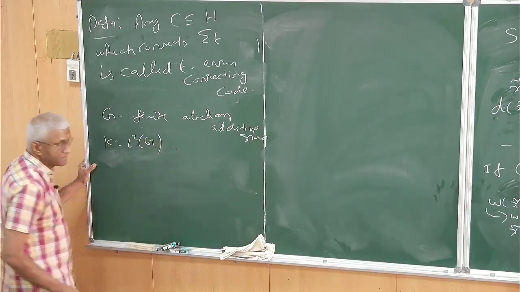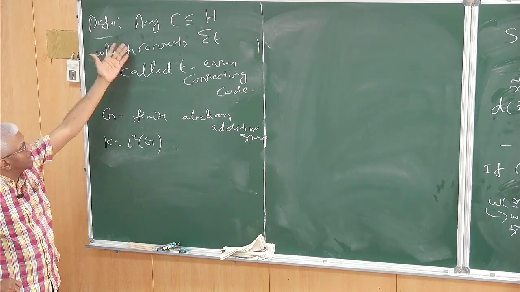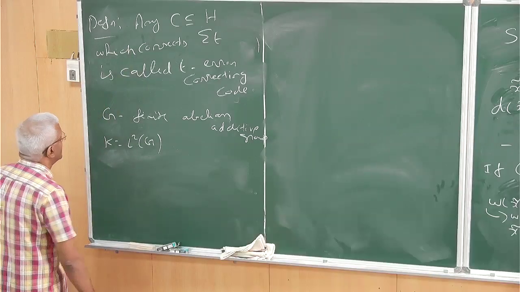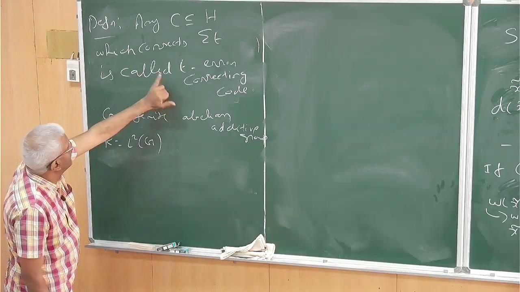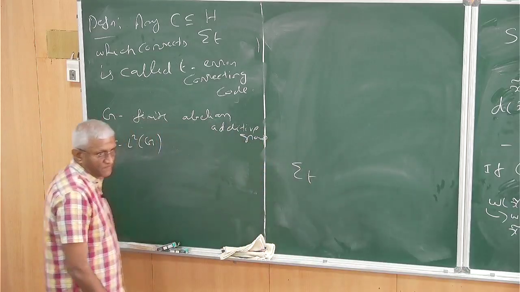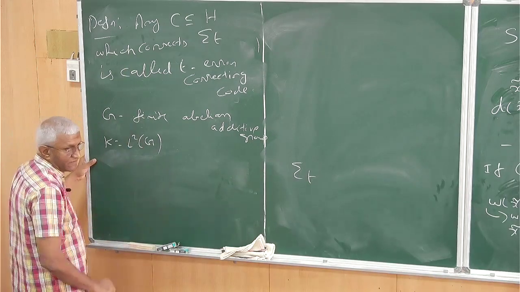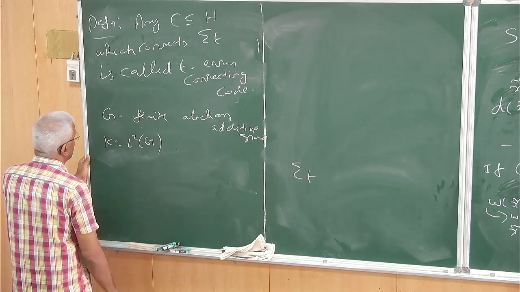We want to get a nice basis for this, nice operators for this error space E_T, so that we can get a C, an error correcting code.